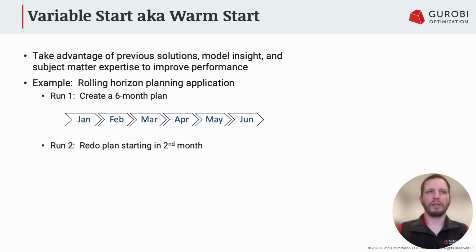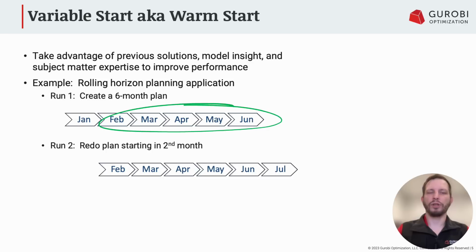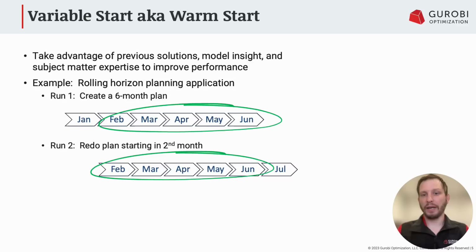Now, let's consider one month later, we're going to rerun our optimization model, starting from February, running through July. From February to June in solution 1, we have some overlap, and what happens in February through June may be a good starting point for February through June for the second run.